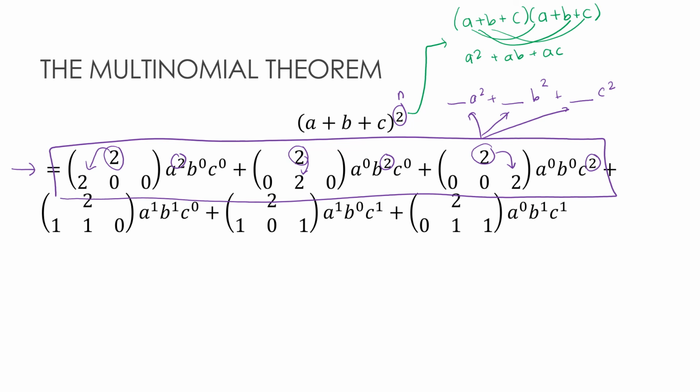Then I know that in addition to those, I'm going to have something AB, I'm going to have something AC, and I'm going to have something BC. And how do I get that? Again, that's these guys. So 1A, 1B, 1A, 1C, 1B, 1C.